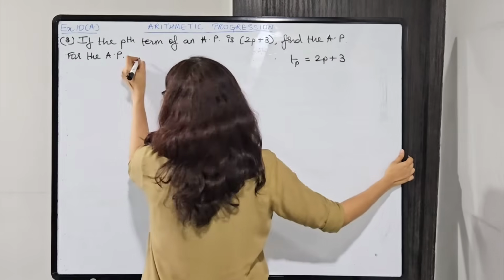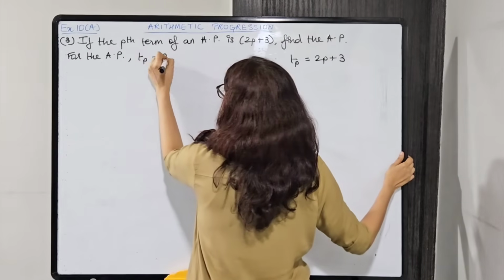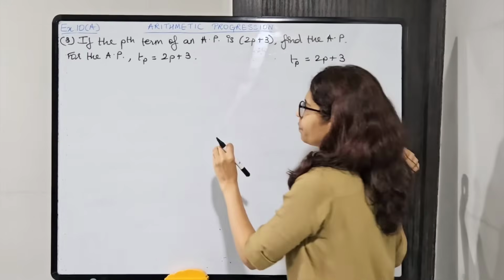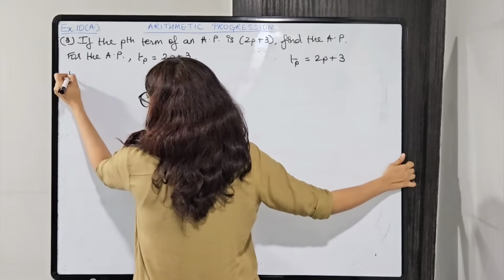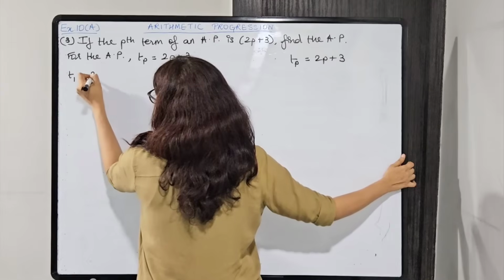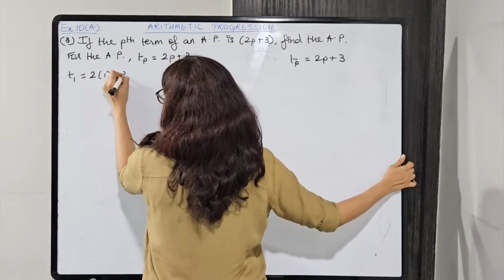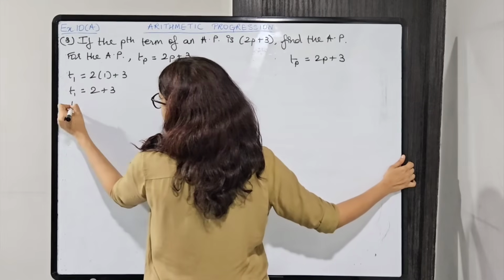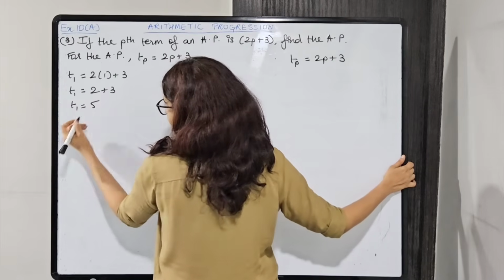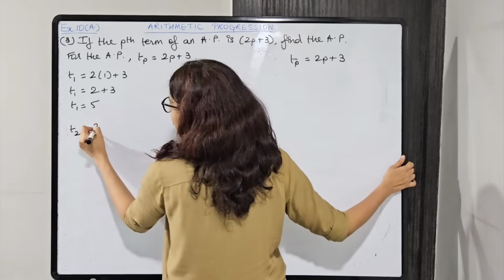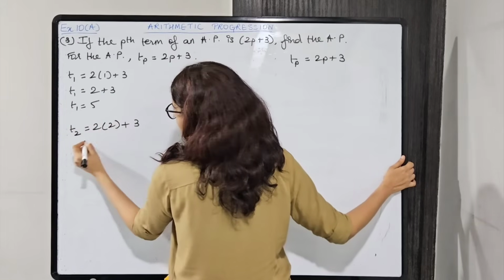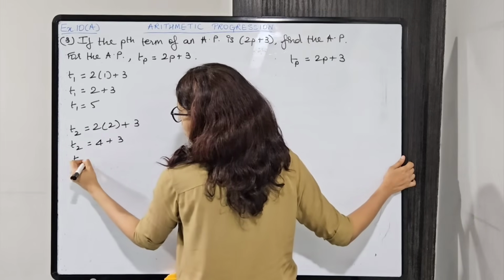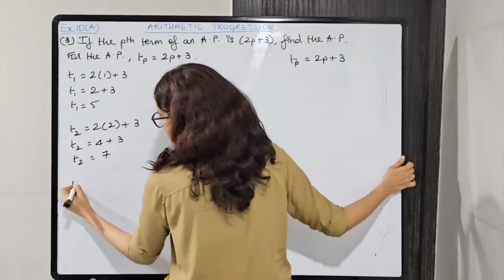Okay, so 1 put करो, find out the first term, put 2, find out second term, and so on. So it's very easy. Write down for the AP, TP is equal to 2P plus 3. Always write down the given information first. So T1 will be equal to 2 into 1 plus 3. That will be 2 plus 3, which is 5. T2 will be 2 into 2 plus 3. ये हो जाएगा 4 plus 3, that is 7.